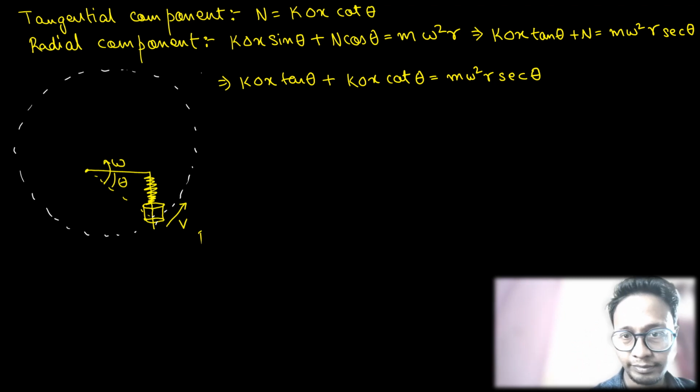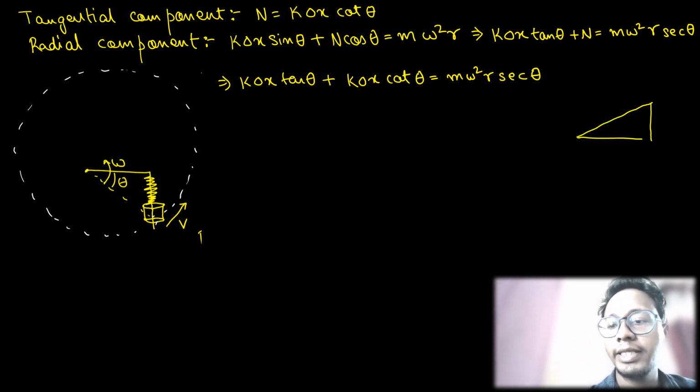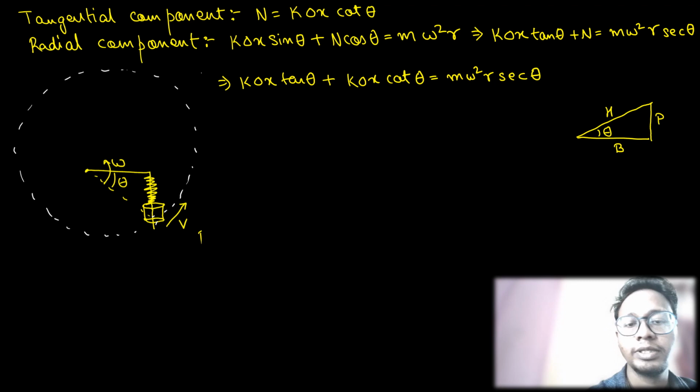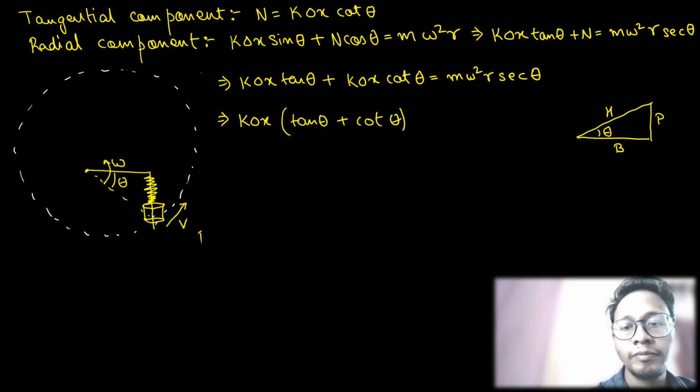Now if there is a triangle of theta, with perpendicular, base, and this is hypotenuse, I'm taking K delta X common: tan theta plus cot theta is equal to M omega square R sec theta. Now solve this value of tan theta plus cot theta.